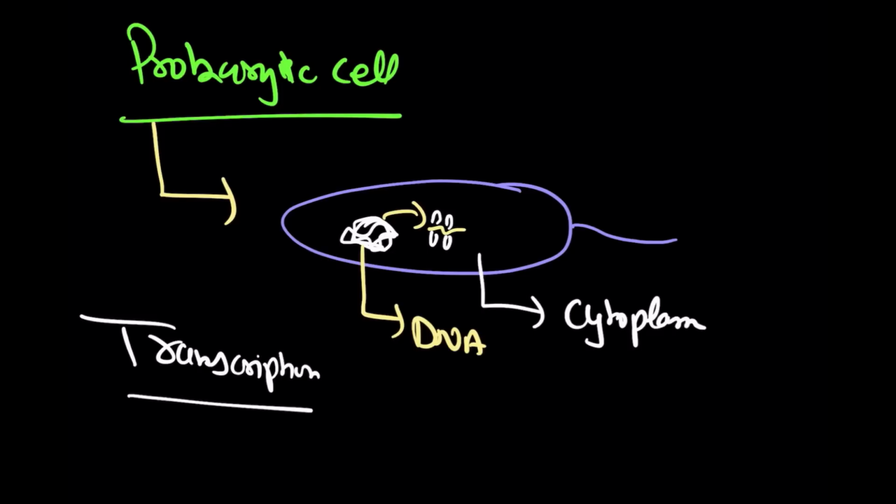Let's suppose this is messenger RNA; it will be used as a template by the ribosomes, which synthesize some protein, coding for some protein.